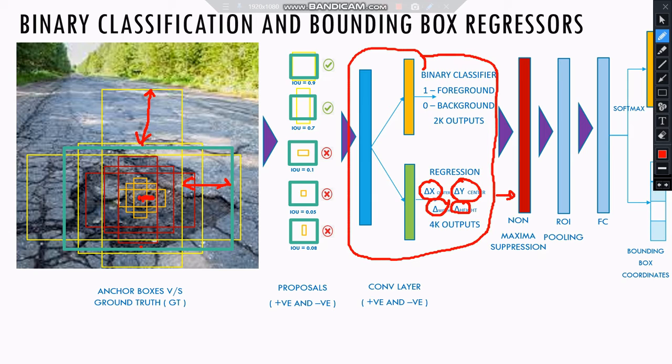Then you have the pooling layer, and then it gets into the fully connected layer, and the final softmax layer and the bounding box coordinate layer. The final softmax layer gives the final predictions, whether it is a pothole or a signboard or vegetation, etc.